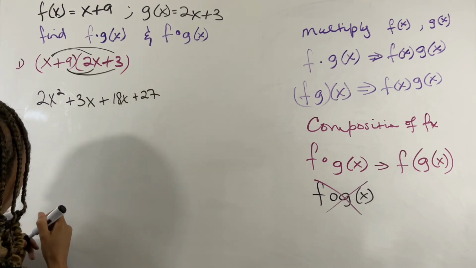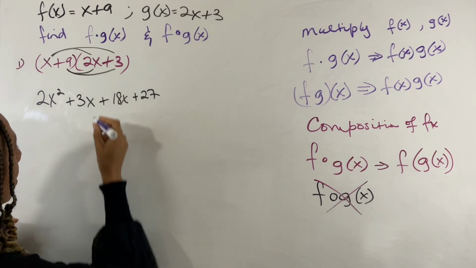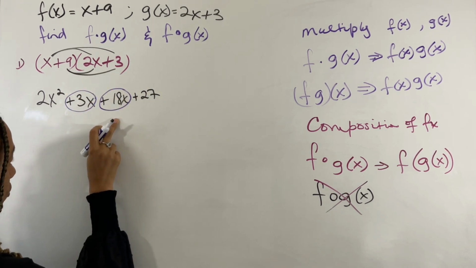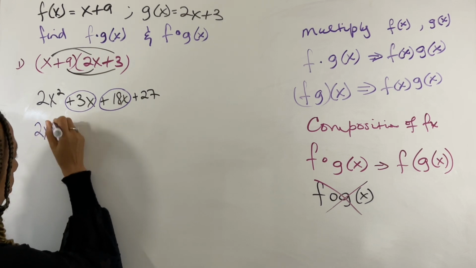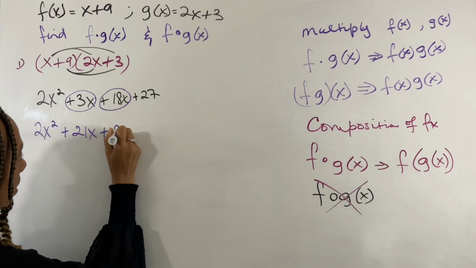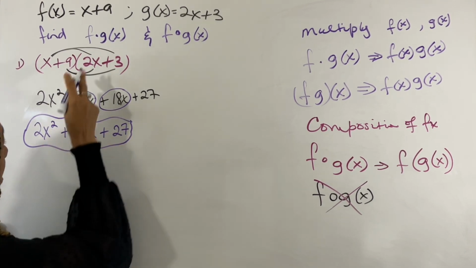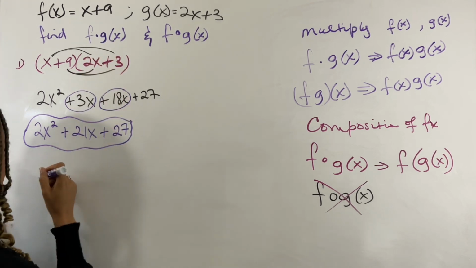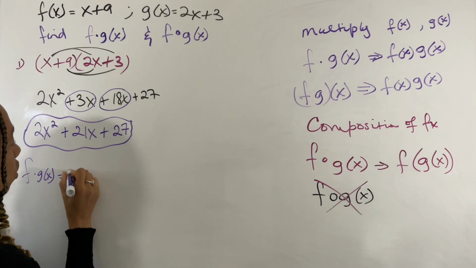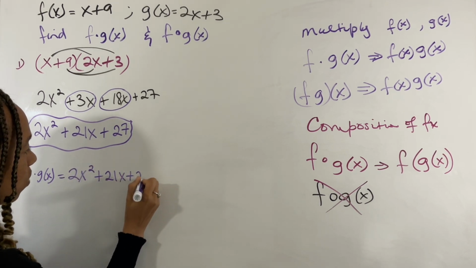We're going to combine all like terms here, so we have the 18x and the 3x to combine. So our answer is going to be 2x squared plus 21x plus 27. And that is our answer for f multiplied by g of x. So fg of x is 2x squared plus 21x plus 27.